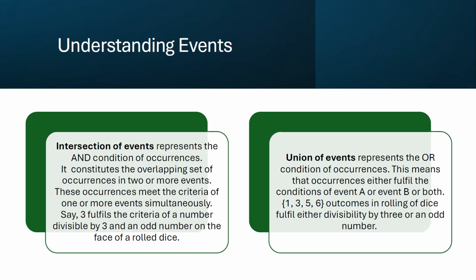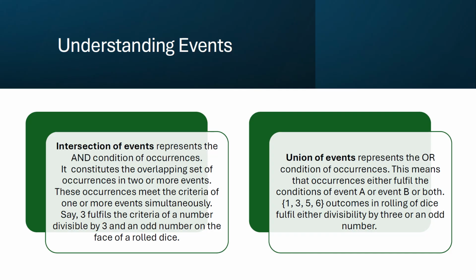So 3 is the one which occurs in both the events, which meets the criteria for both the events. Such events which have the co-occurrence of a certain outcome which is part of both the events represent the intersecting events.